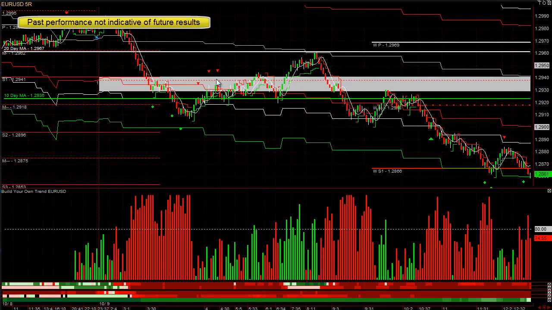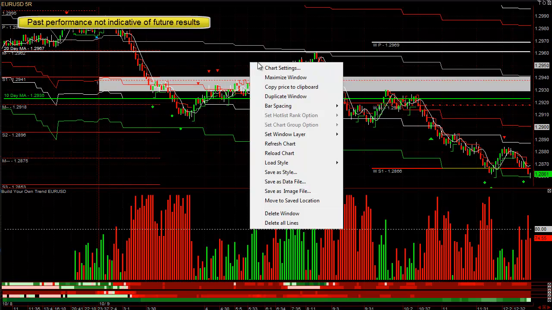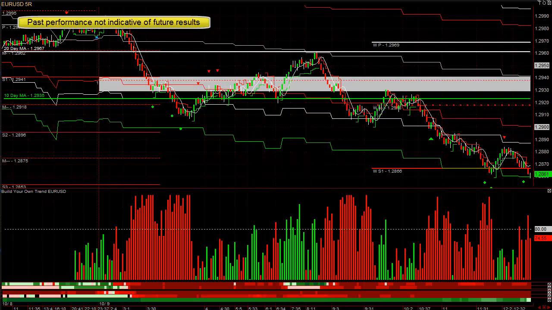And this is the older FX trading signals that we have. I'm going to remove that and add the one I'm working on, which is a little bit higher winning percentage.